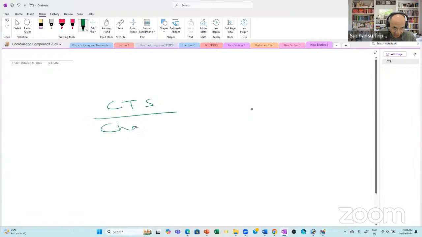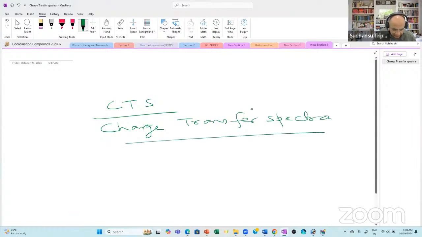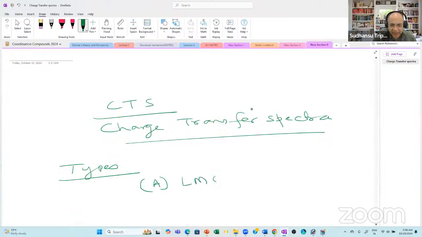CTS, charge transfer spectra. I think we have written types. Commonly, this is LMCT, ligand to metal charge transfer.